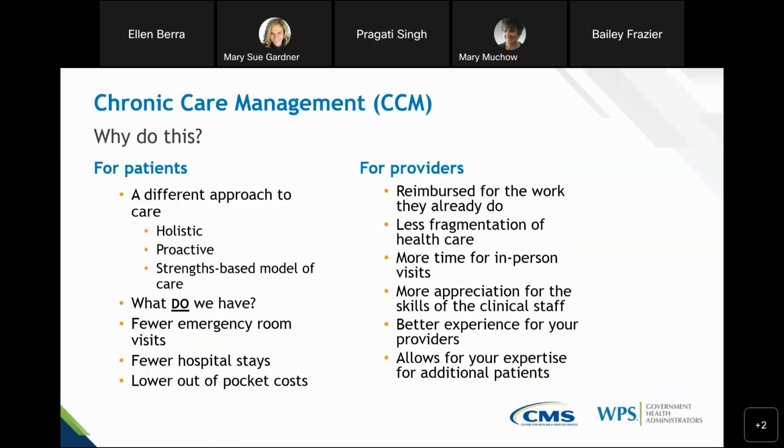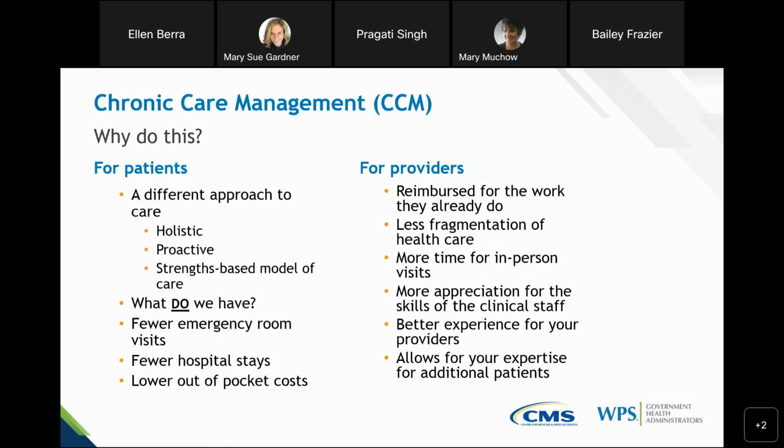So why do we want to do this? Why is chronic care management so important? Well, for patients, it provides a whole different approach to care. It's more holistic, looking at the entire patient and what's going on with that patient, even if you yourself are not treating everything.